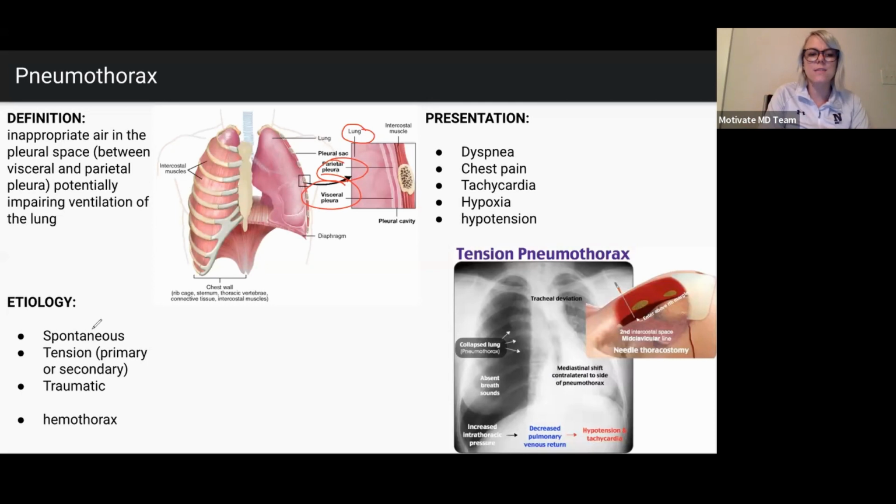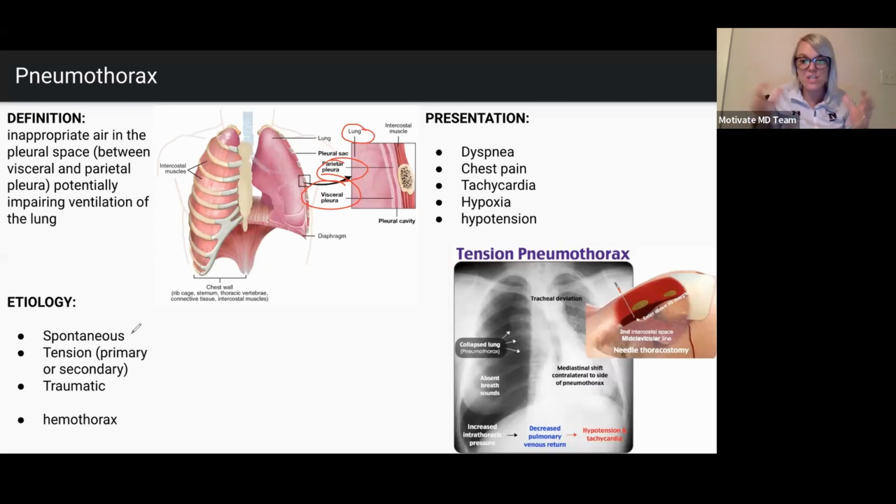What causes it? It can be spontaneous, meaning you and I, healthy people, can just spontaneously collapse a lung. I remember when I was on my internal medicine rotation, I had a patient who had a spontaneous pneumothorax.